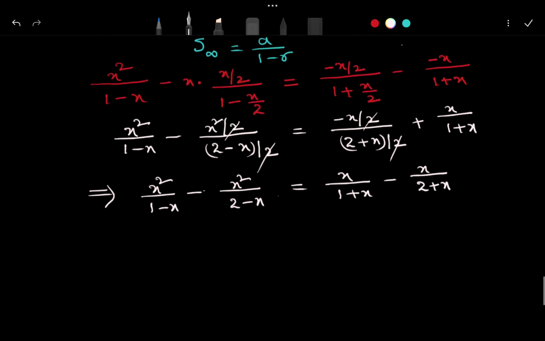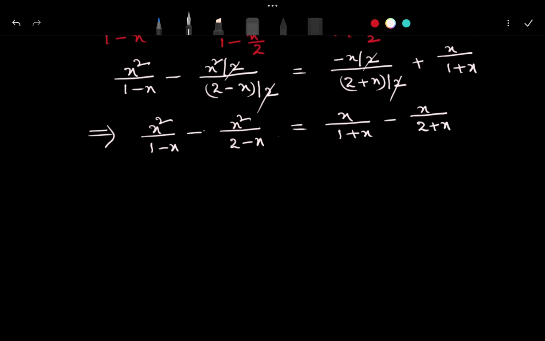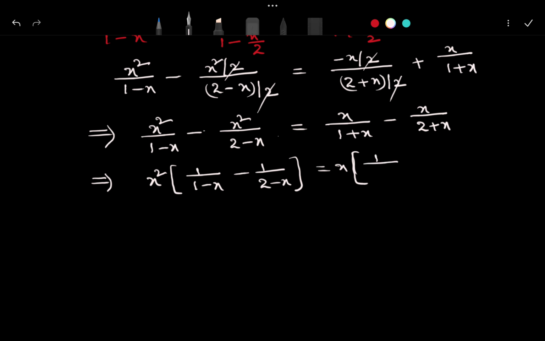Now here, taking both sides, on the left side you take x square as common: 1 by 1 minus x minus 1 by 2 minus x is equal to, here you take x as common: 1 by 1 plus x minus 1 by 2 plus x.